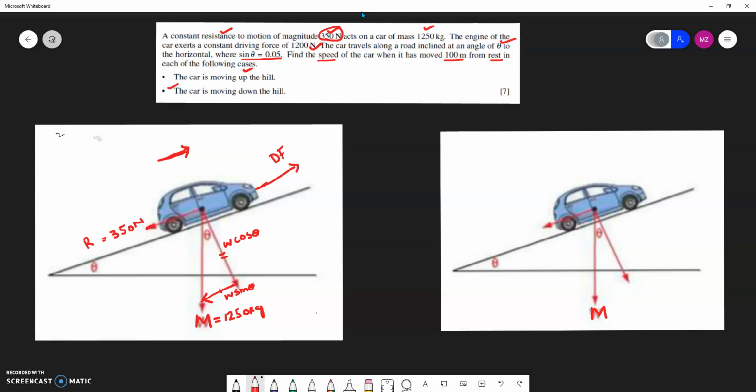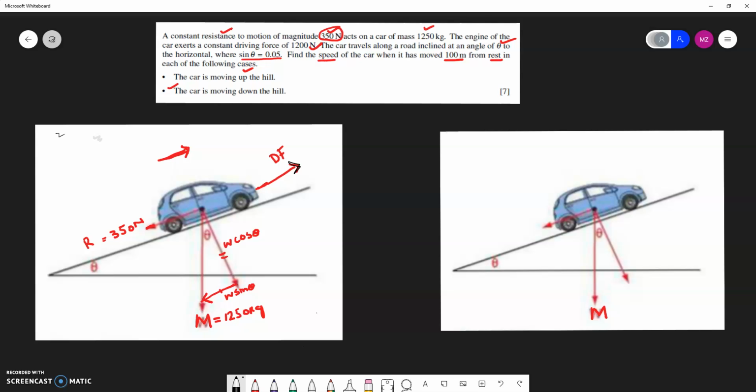So let's find the net force acting on this car when it is moving up the hill. Since the car is moving up the hill, there must be a resultant force in this direction.